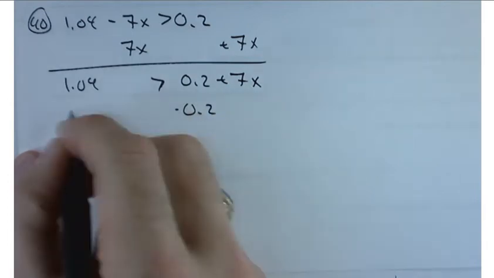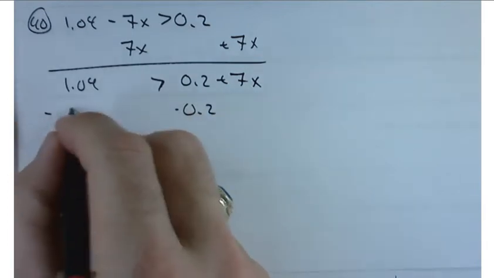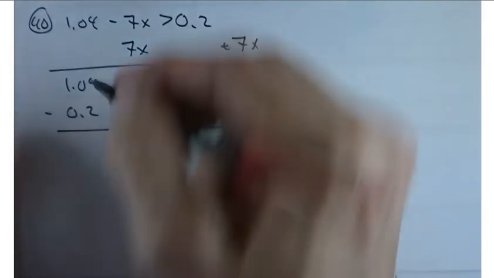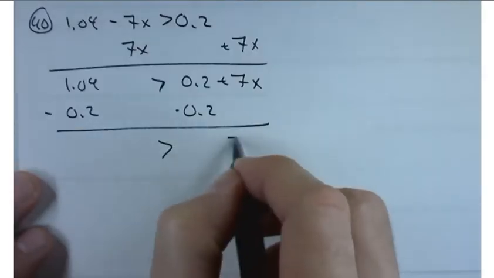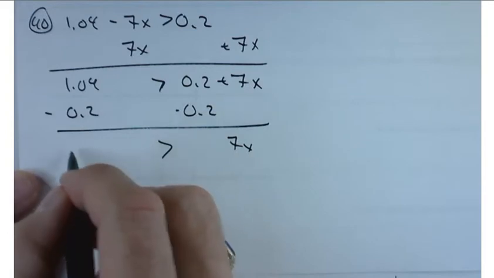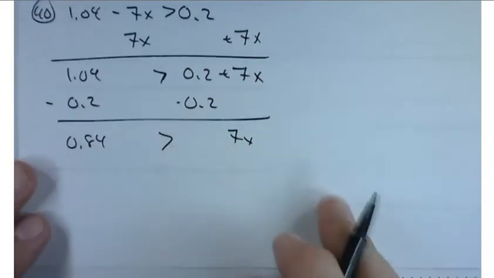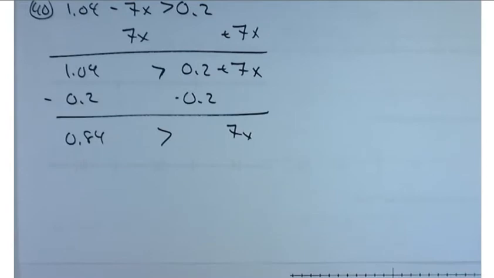All right. Let's subtract the 0.2. If you line things up, that'll certainly help with your subtraction a little bit. Of course, you can always do that on a calculator. You should get 0.84. Now here's where it's helpful to have a calculator.